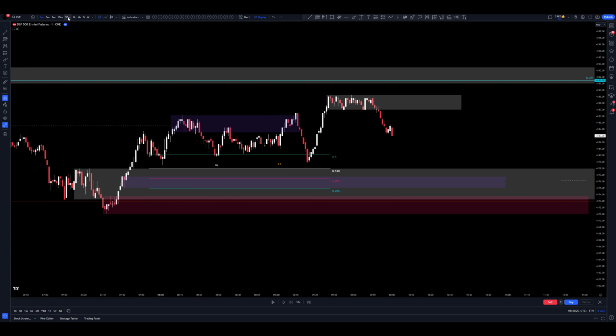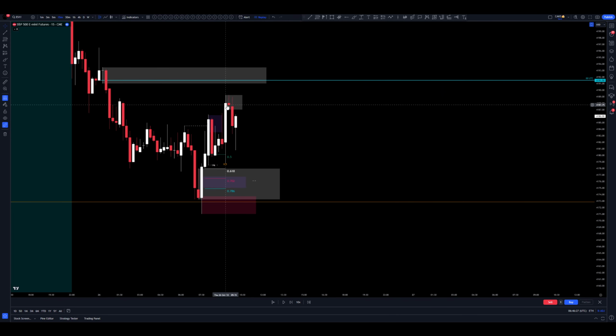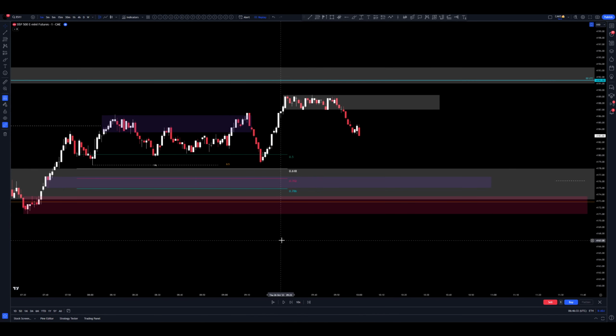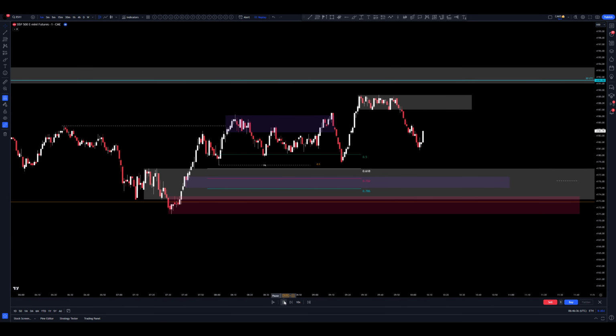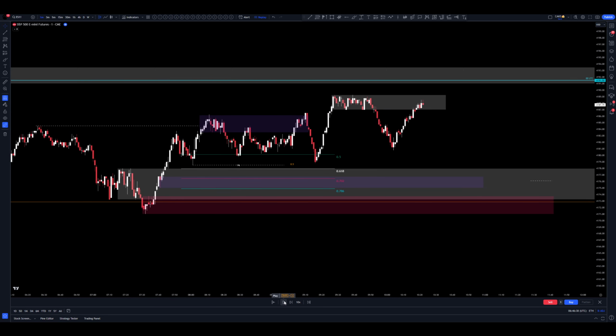You spend enough time in there that you form a new 15-minute area of supply. At that point, you can see price comes back up and retests it. Now, during the day, I was looking at this level and very much considering a short.